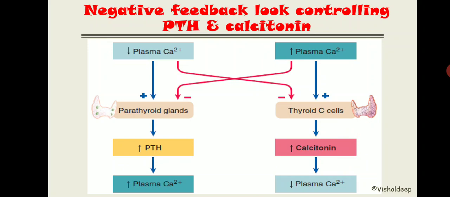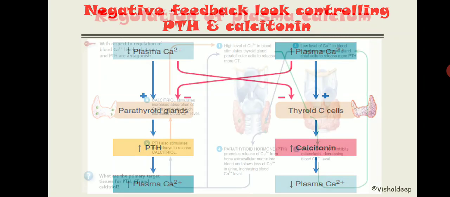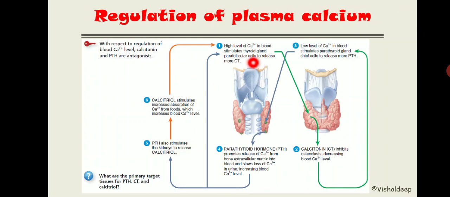Alright. Now let's talk about the regulation of the calcium. If you keep this picture in mind, what happens when there is decreased plasma calcium, and what happens when there is increased plasma calcium. Got it? So whenever there is a high plasma calcium level inside the circulation, it will ultimately increase calcitonin secretion, and this calcitonin will inhibit the osteoclast function and decrease calcium level.